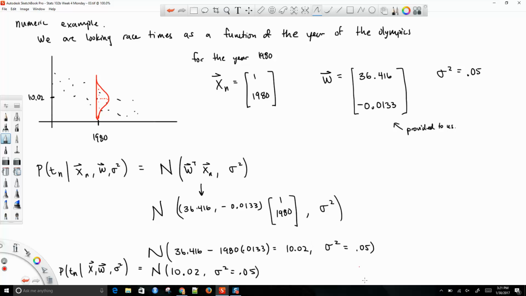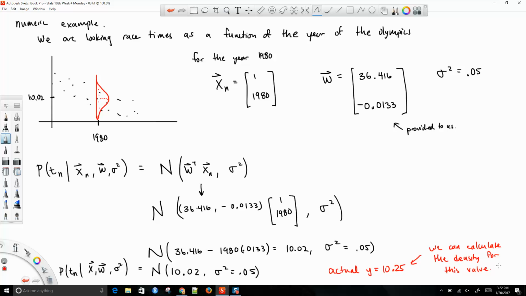So the actual y is equal to 10.25. We can calculate the density for this value, and we can calculate the density for every single observation that we have, and thus we can get our likelihood.